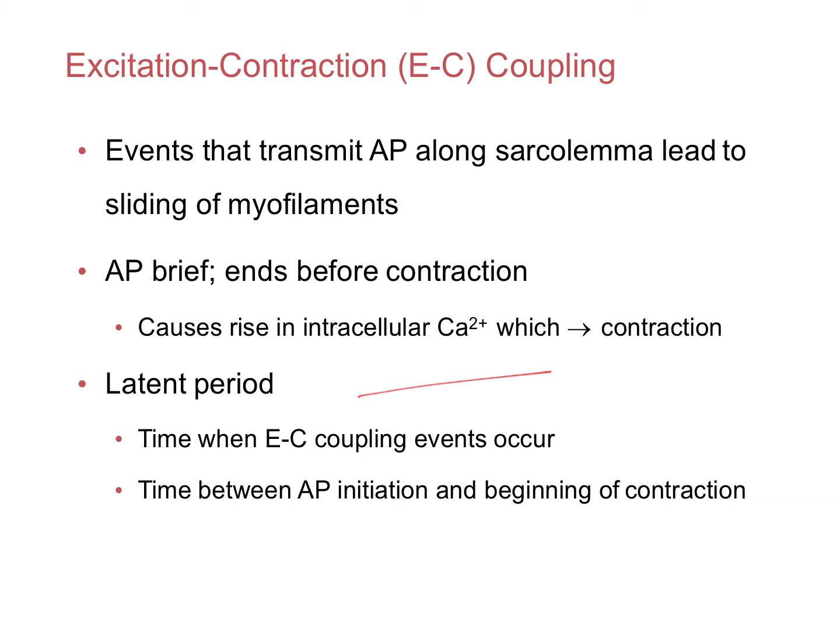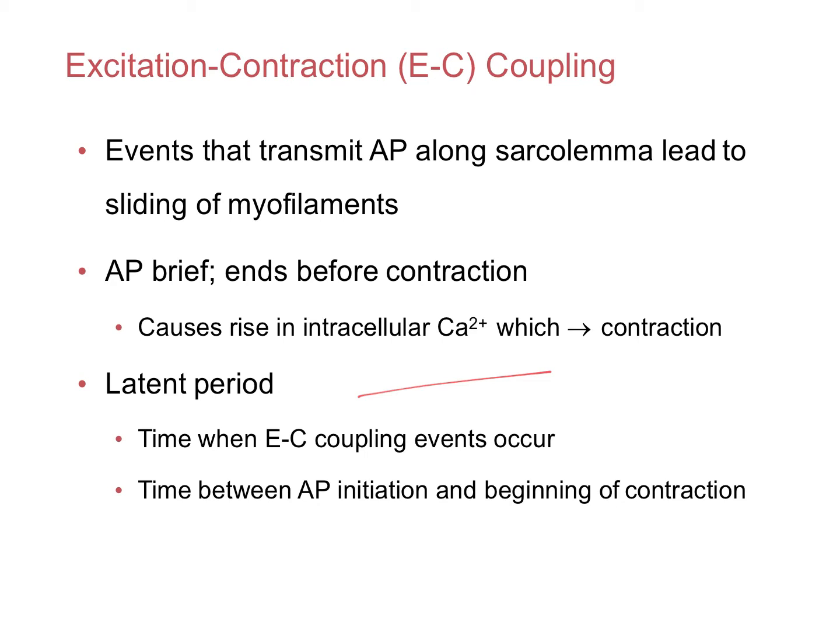So what we're going to talk about first today is excitation, action potential, and how it's connected to the events of contraction. And how does contraction happen? What's the model that we use for contraction?